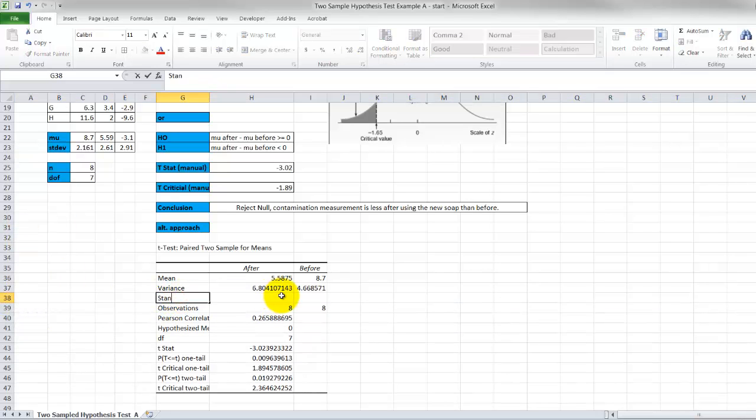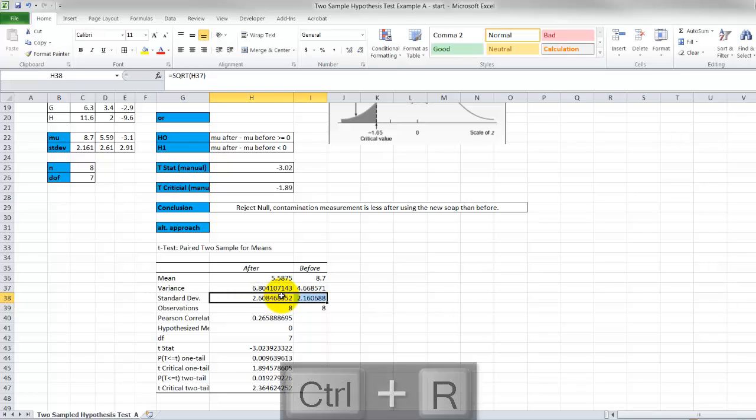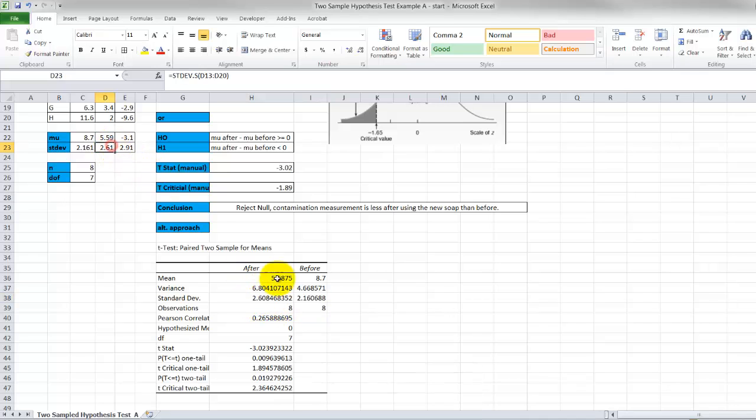Standard deviation is the square root of this variance. So we can actually calculate that if you really want to, but we have the 2.6 up here, and 2.1 on the before. So it's actually calculating everything we need.